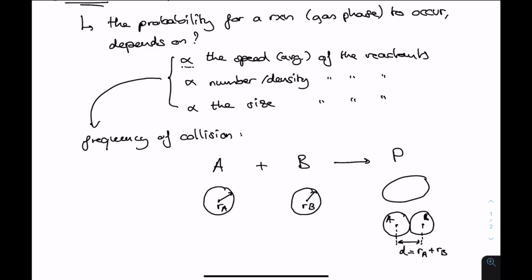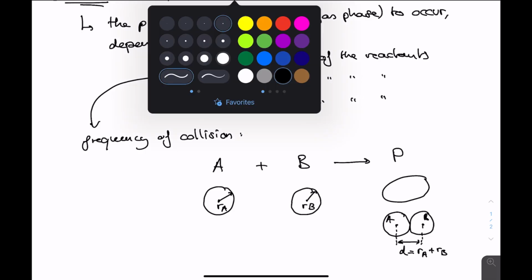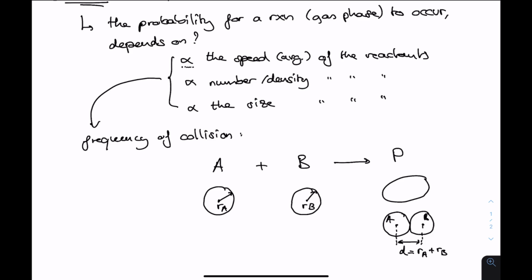And so the cross section is basically a sphere, or a disk in this case, where reaction is likely going to happen.